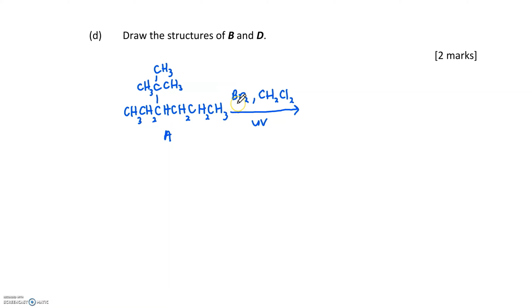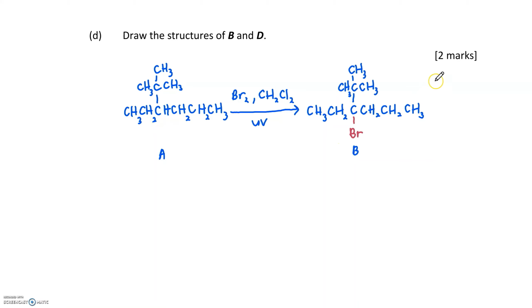Reaction with bromine produces major and minor products when possible. So we will replace this hydrogen with the bromine because this carbon will produce a relatively stable tertiary free radical as the intermediate. This is compound B, a haloalkane with one bromine atom.